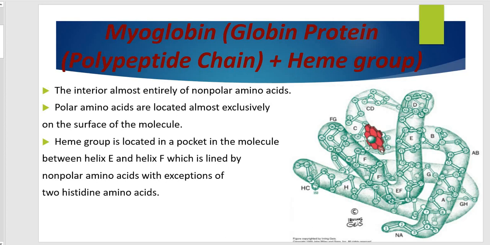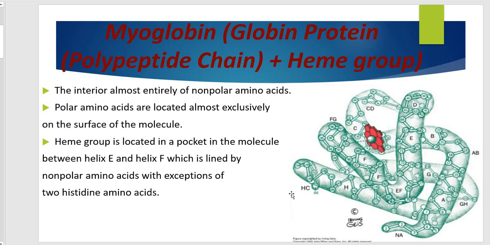And the heme group will be located in a pocket in the molecule between the helix E and F. It's usually lined with non-polar amino acids with exception of 2 histidine amino acids.